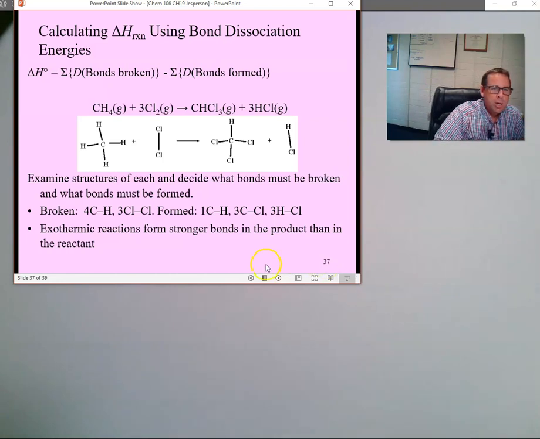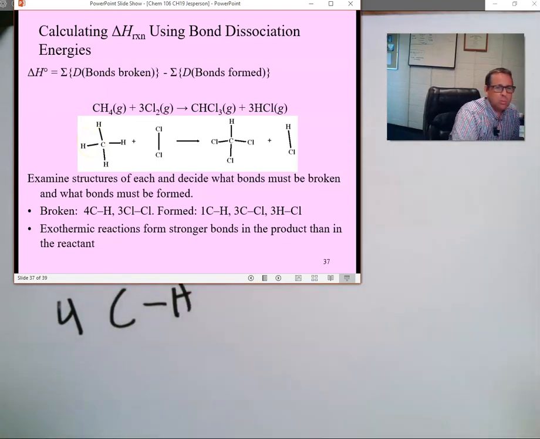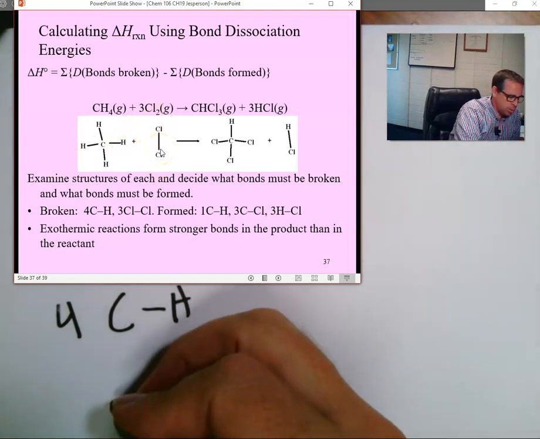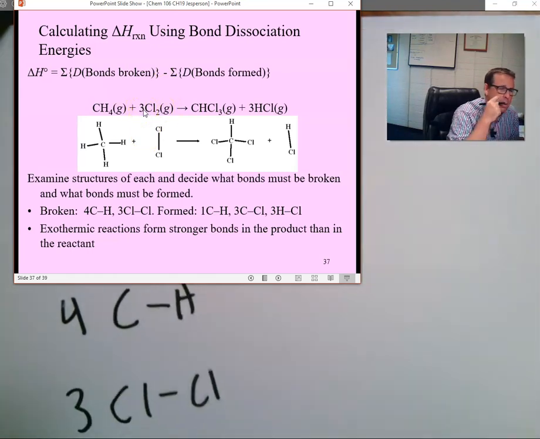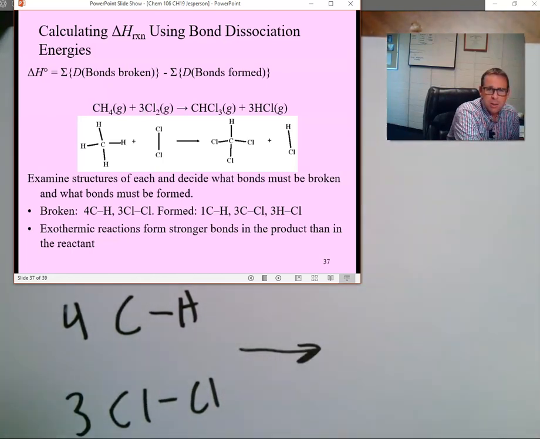So, in this molecule here, I have a CH bond, another CH bond, a third one, and then a fourth one. So a total of 4 CH bonds. And here I have a chlorine-chlorine bond, but I have 3 moles of this. So I have 3 of these chlorine-chlorine bonds. Those are my reactant bonds.